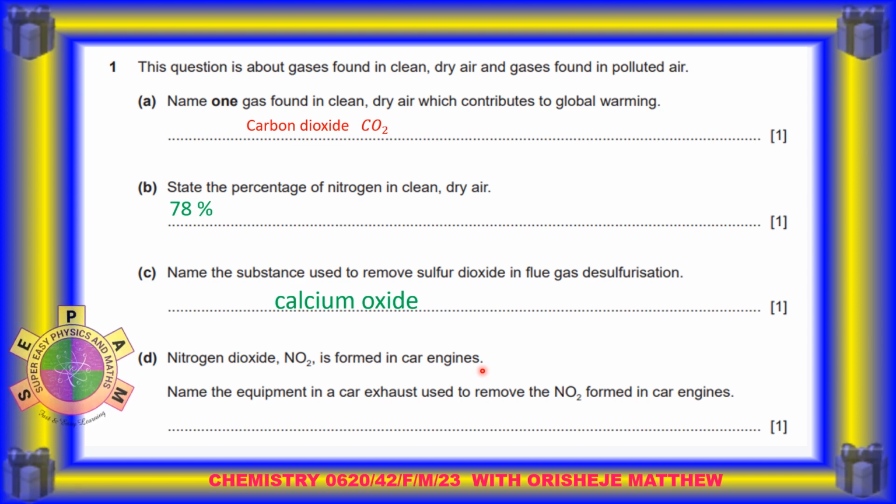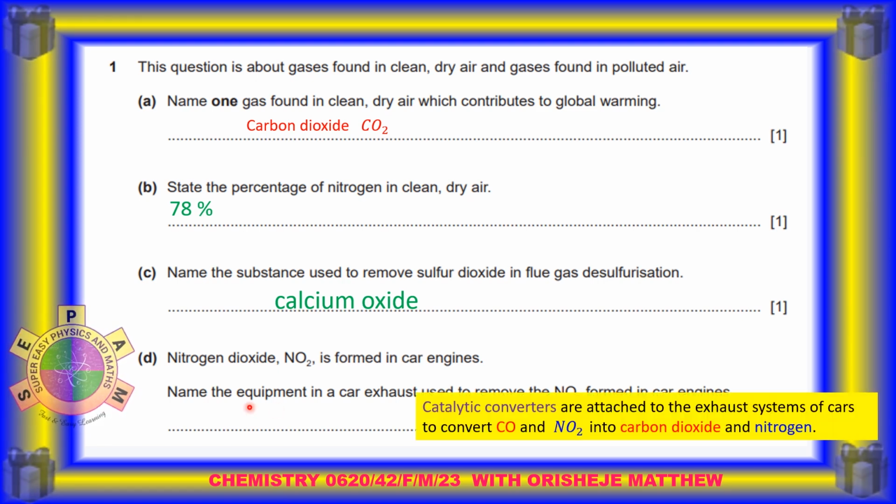Name the equipment in a car exhaust used to remove NO2 formed in the car engine. We have the catalytic converter attached to the exhaust system of the car to convert carbon monoxide and nitrogen dioxide into carbon dioxide and nitrogen respectively. So you have the word catalytic converters.